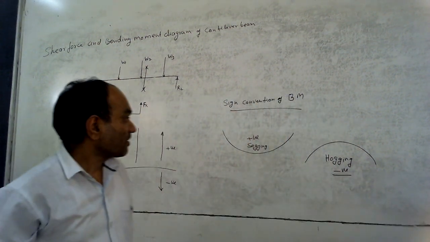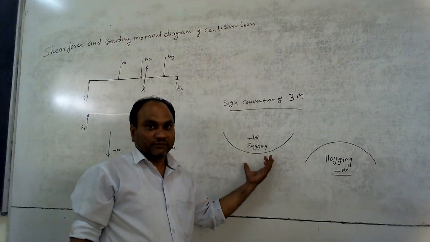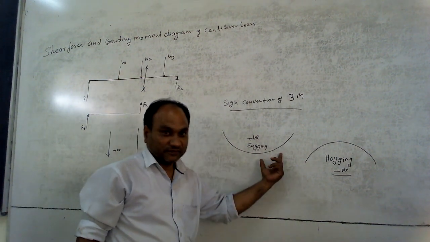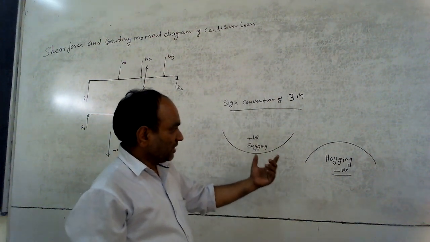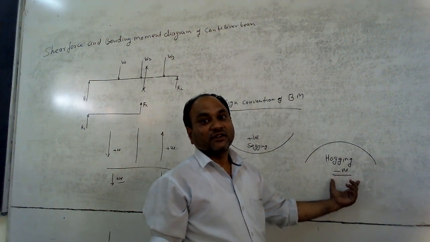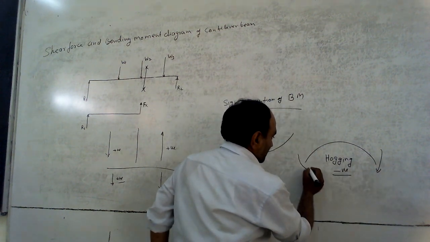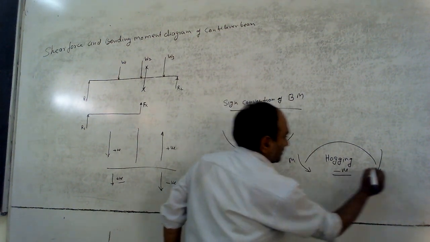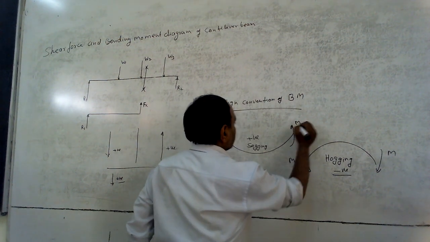So this is positive. If the shape of the beam is like this, then it is sagging, which is taken as positive moment. If the shape of the beam is like this, then it is taken as negative moment. That is, the moment is acting in this direction.